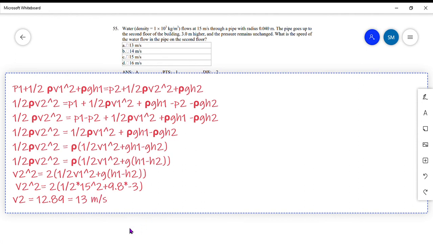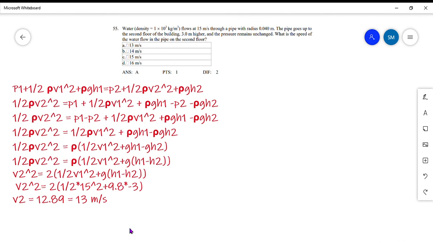So the answer is A. This question is very easy. I just wrote the step by step to make it clear, but I can abbreviate all of the steps in 2 or 3 steps.